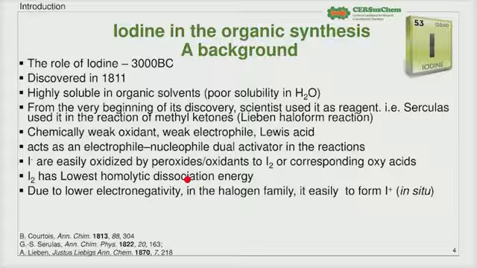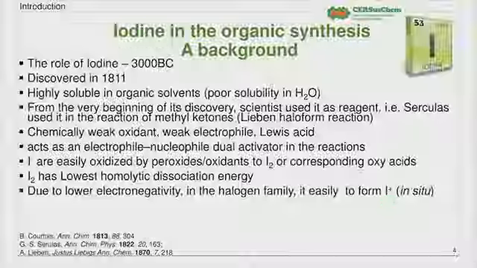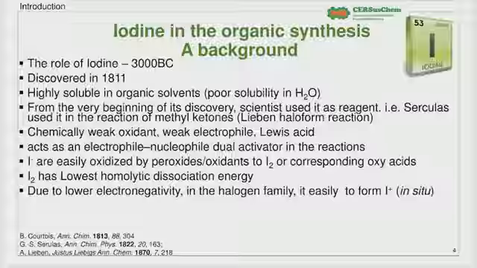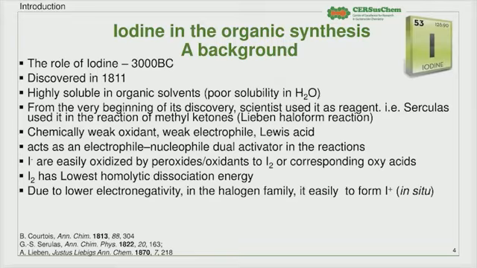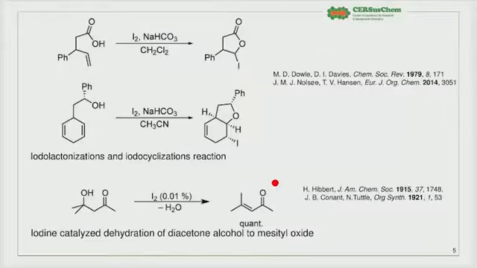Furthermore, due to lower electronegativity among the halogens, it easily forms iodine cations, which scientists generate in situ. That gives us liberty: as an electrophilic species, we can use it in various kinds of transformations. Though halogens are negatively charged, depending on the reaction conditions, we can form iodine plus in the reaction medium.